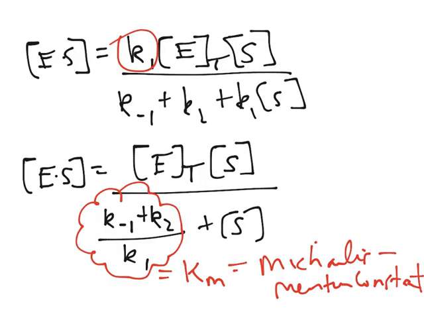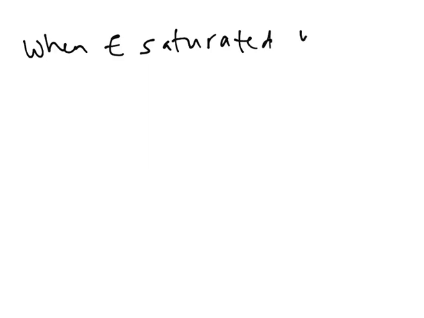So the last thing we can do for substitution here is this: when the enzyme is saturated with substrate, we know that it's going as fast as it can, and at that point we are at Vmax.